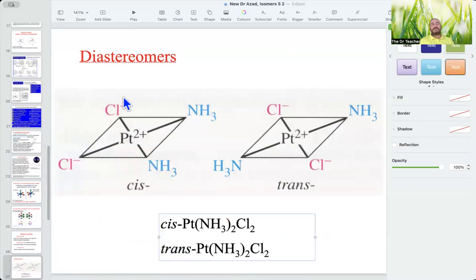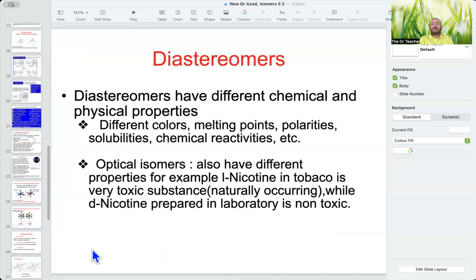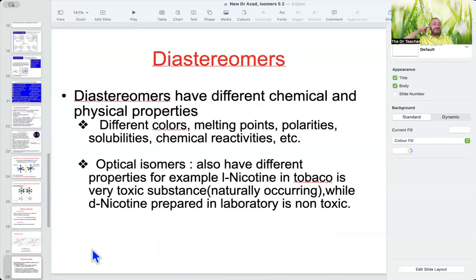Now you can see these are diastereomers. Diastereomers have different chemical and physical properties, of course: different color, melting point, polarity, solubility, and chemical reactivity.